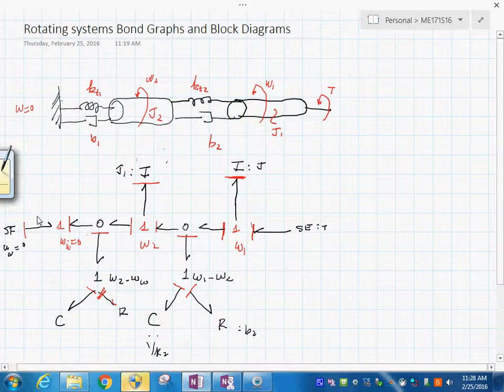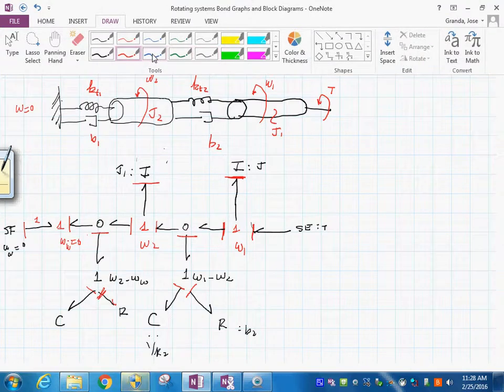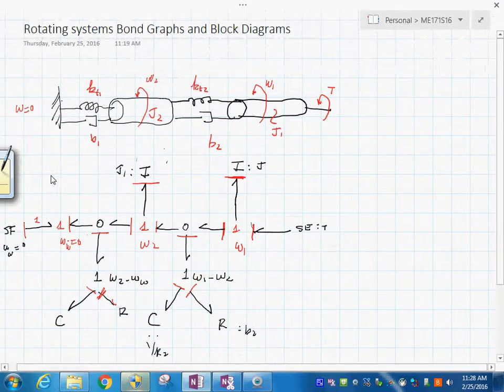So let's just do 1, and then 2, and then 3, then we have 4, 5, 6, 7, 8, 9, 10, 11, 12, 13, and 14.